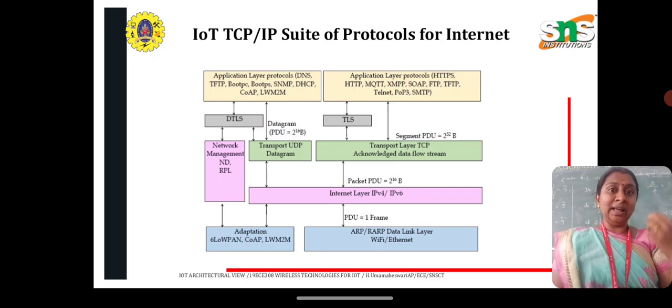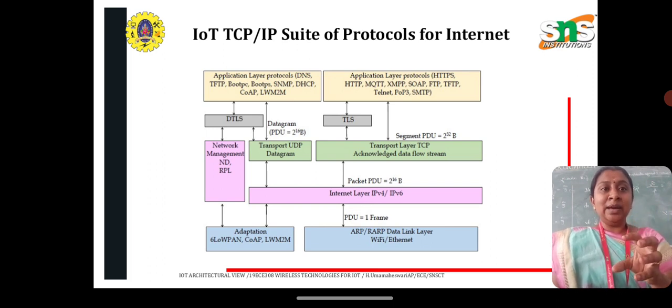This is nothing but a TCP/IP suite of protocols for the internet, where application layer protocols are the domain name server, pub/sub, CoAP, that is constrained application protocol, lightweight machine to machine protocol.